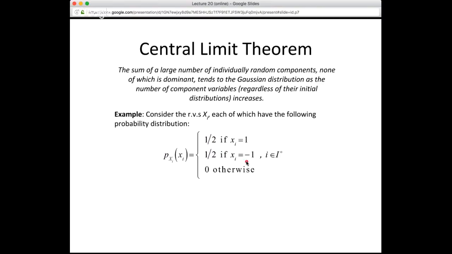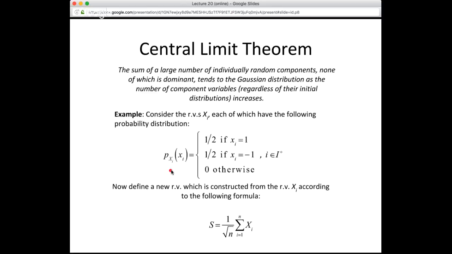And so what we'd like to show is that if you create a new random variable, which is the sum of a series of these Xi's defined by this probability distribution, the sum of those Xi's will tend to a Gaussian distribution. So we basically want to demonstrate that the central limit theorem is correct. And so how do we do that?